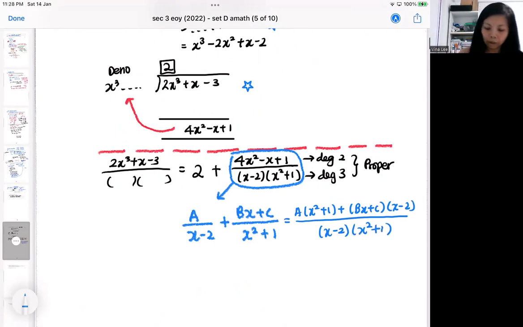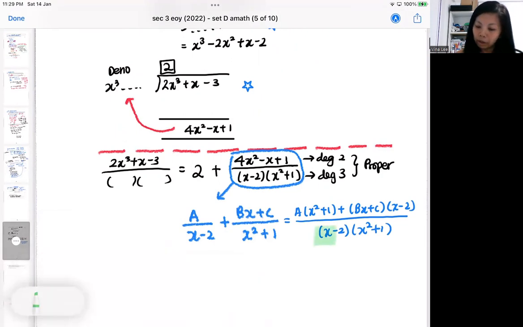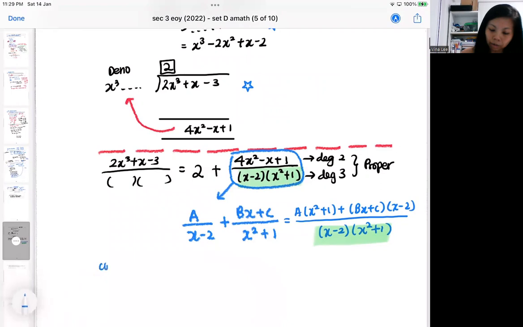The denominator is the same as the original proper fraction, so the comparison will come from the numerator. When I get the numerator, that is where I get my identity.